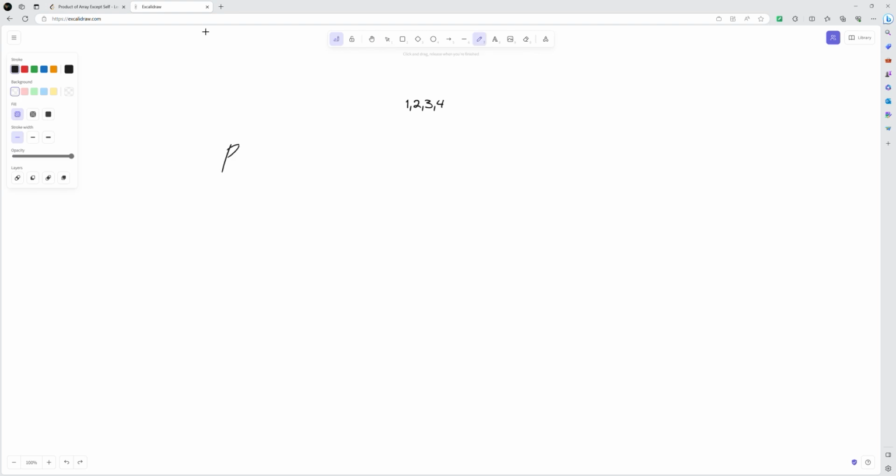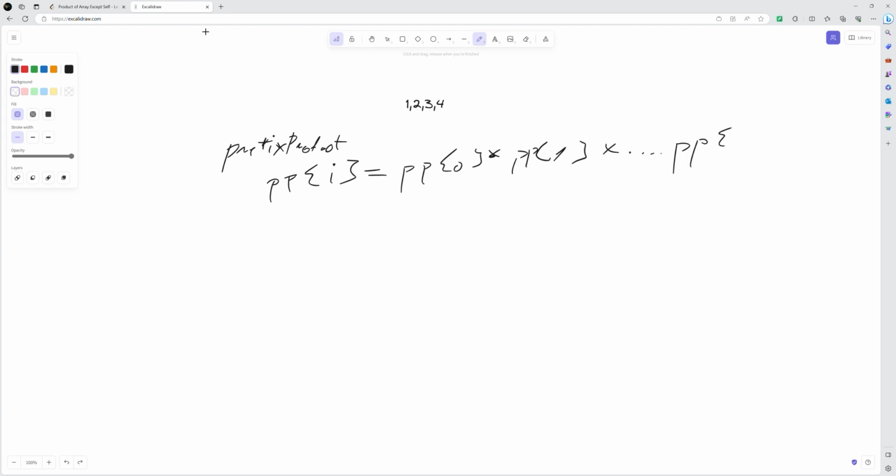So the prefix product of the element that corresponds to the index i is basically all the numbers starting from 0. This is the initial array, and I call it the initial array just to remove confusion.